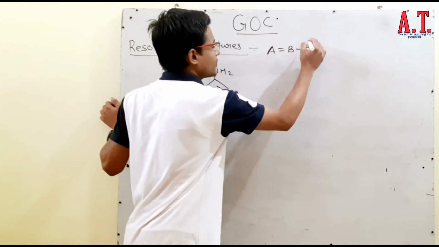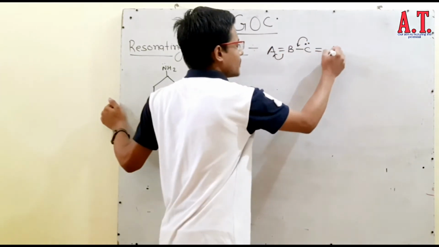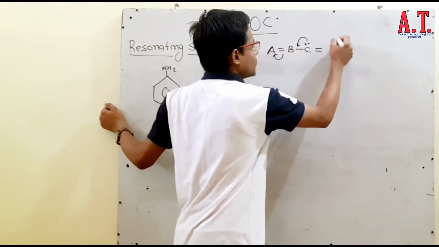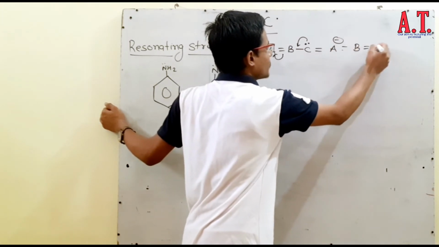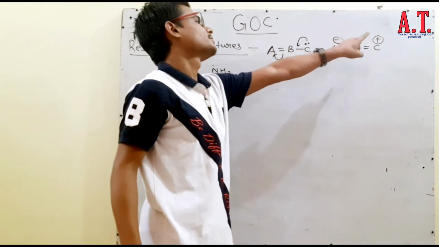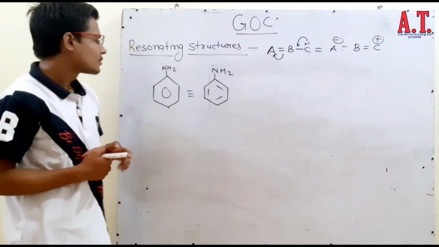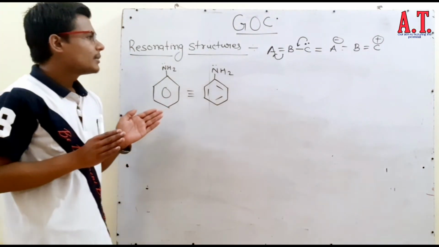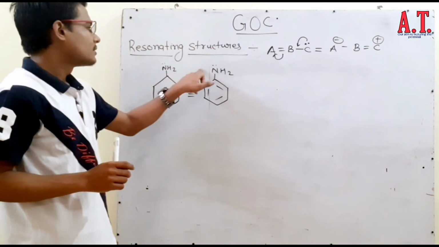In the resonating structure, this lone pair moves toward the pi bond, and what will come out: there will be a negative charge, single bond B, double bond C. When a lone pair breaks, it will generate a positive ion and a negative ion, that means an anion and a cation. So the idea behind these concepts is to understand what is going to happen in aniline.